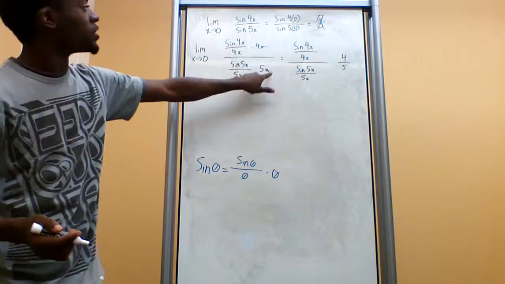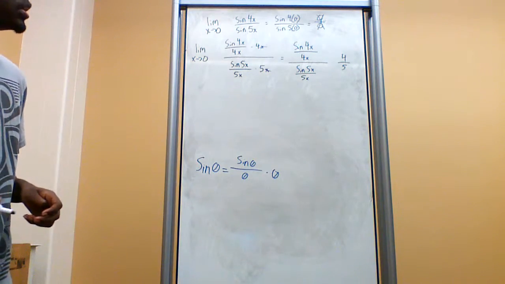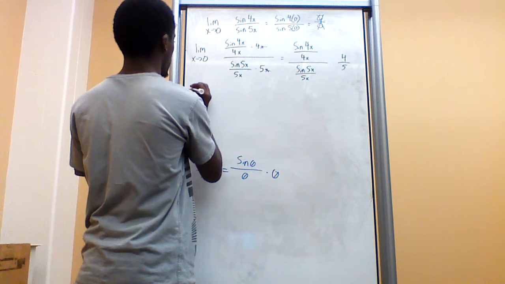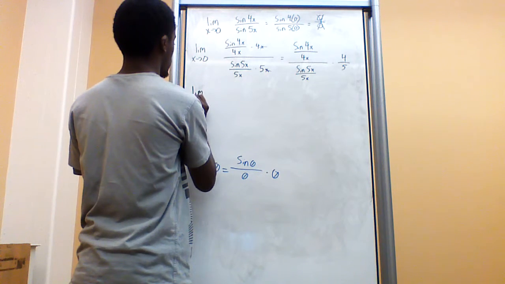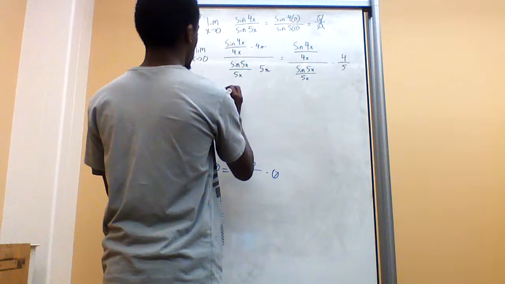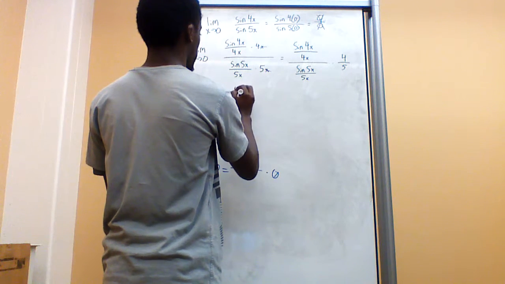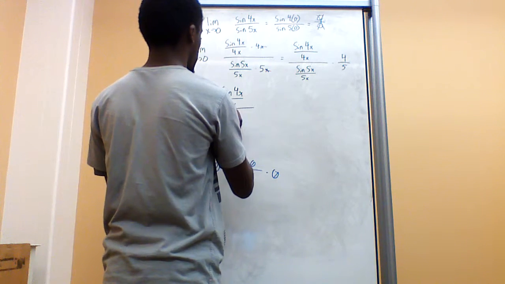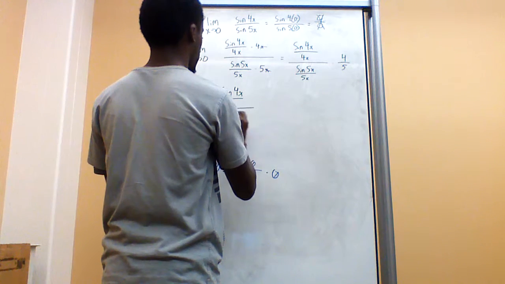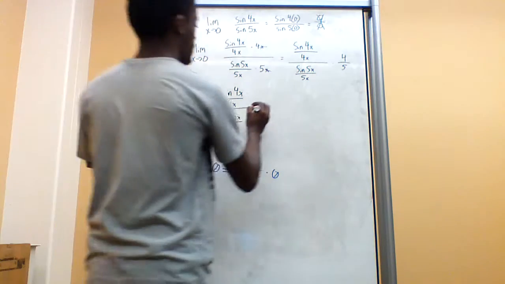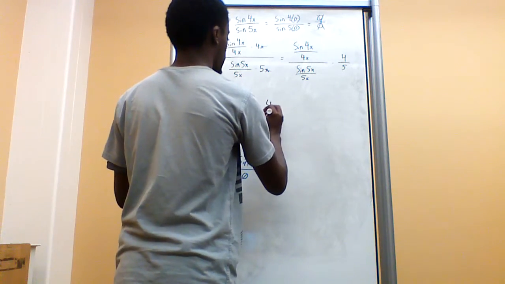And since we canceled out the x's, we can now direct substitute again. So the new problem will look like this. Sine 4x over 4x over sine 5x over 5x times 4 over 5.